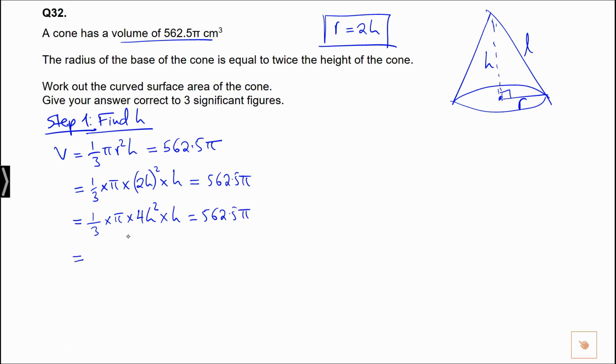If you simplify all this, 4h cubed pi over 3 is equal to 562.5 pi. So you'll have 4h cubed pi equal to 562.5 pi multiplied by 3.